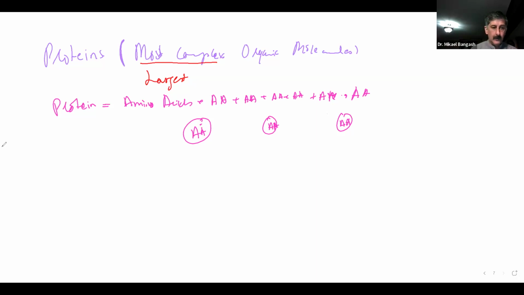Now you're probably not going to have a protein made up of just 3 amino acids, but here, let's make it simple. These amino acids are going to be bound together by bonds.